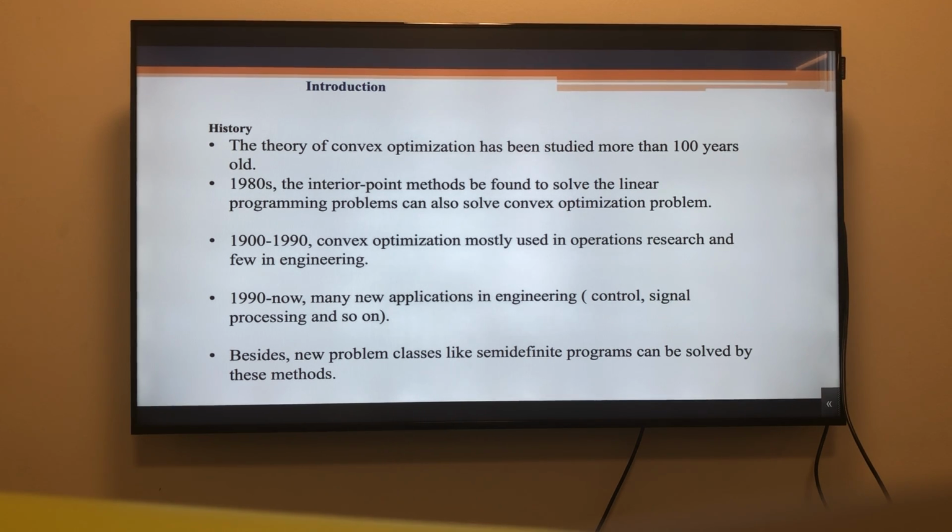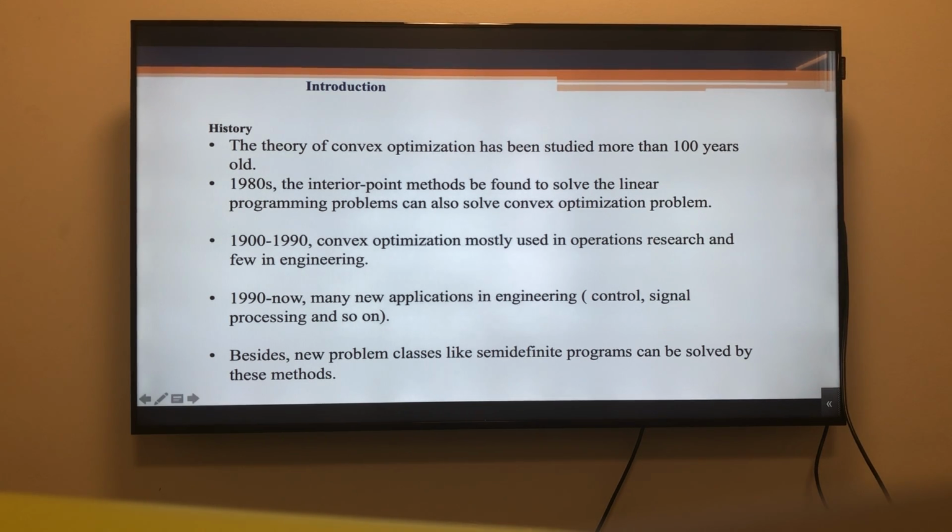The theory of convex optimization has been studied for more than 100 years, but it has only developed in recent years, because until the 1980s, interior point methods were found to be fast for linear programming problems, and they can also be used to solve convex optimization problems. So convex optimization developed.